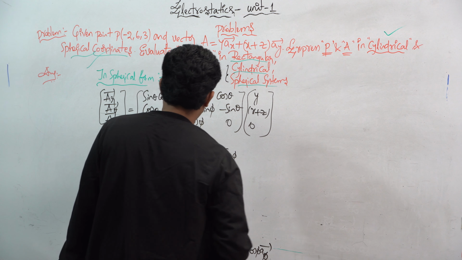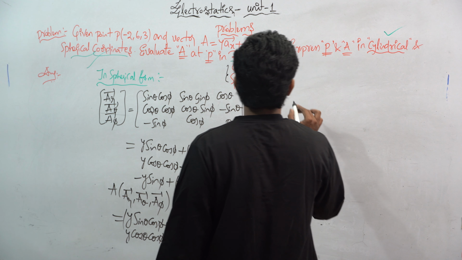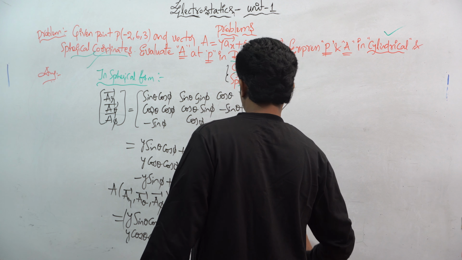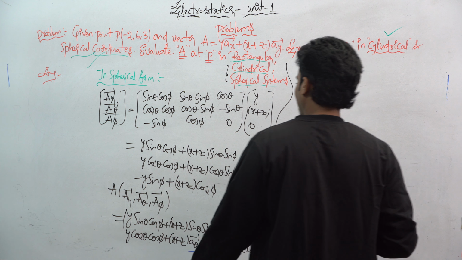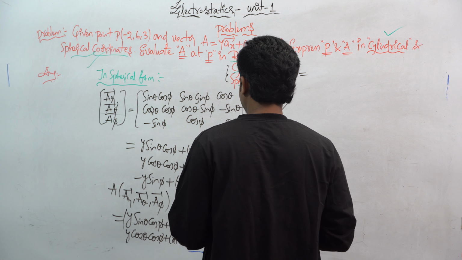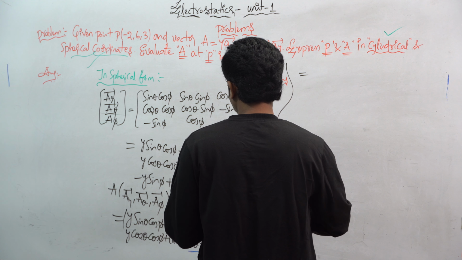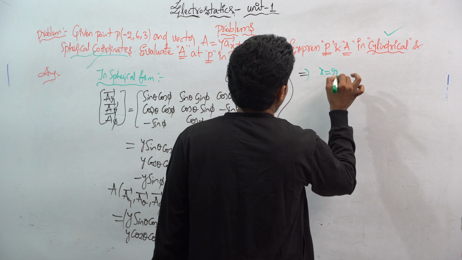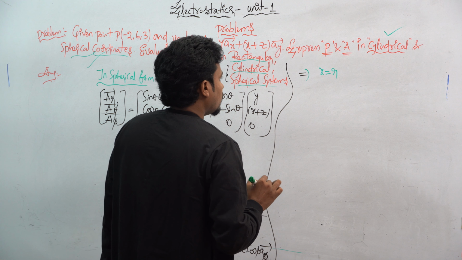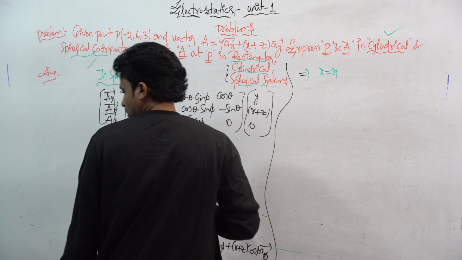Okay, so here what I have to do is multiply. You already know x is equal to r cos theta cos phi.